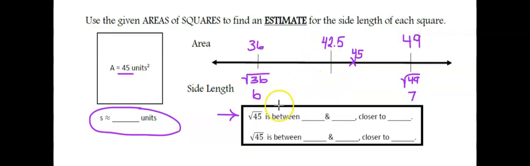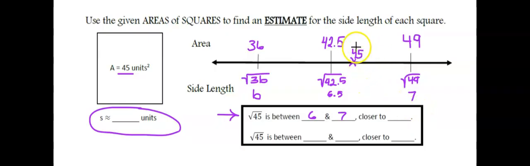Well, looking at our grid so far, the square root of 42.5 would be about 6.5, the halfway mark. So looking at this right now, I'm going to say it falls between 6 and 7, and it's closer to 7 than it is to 6.